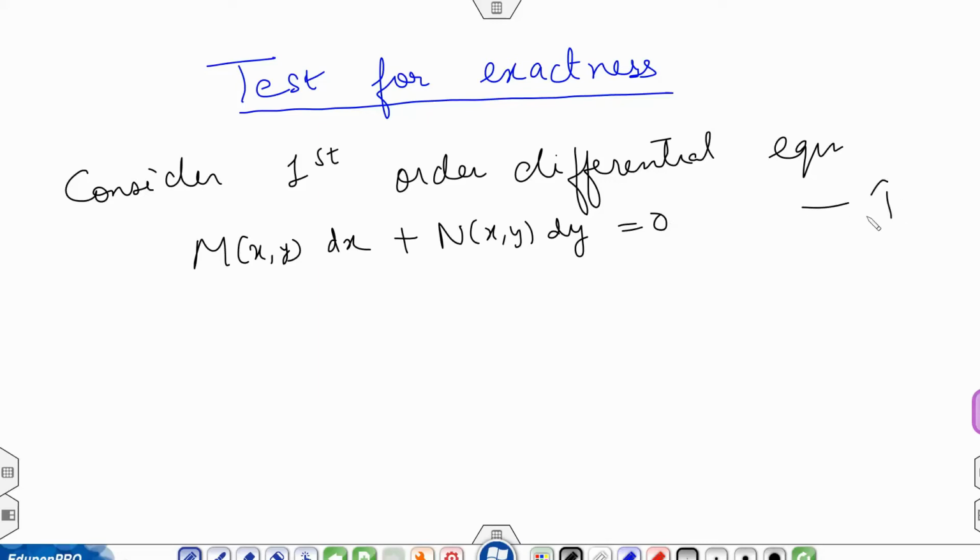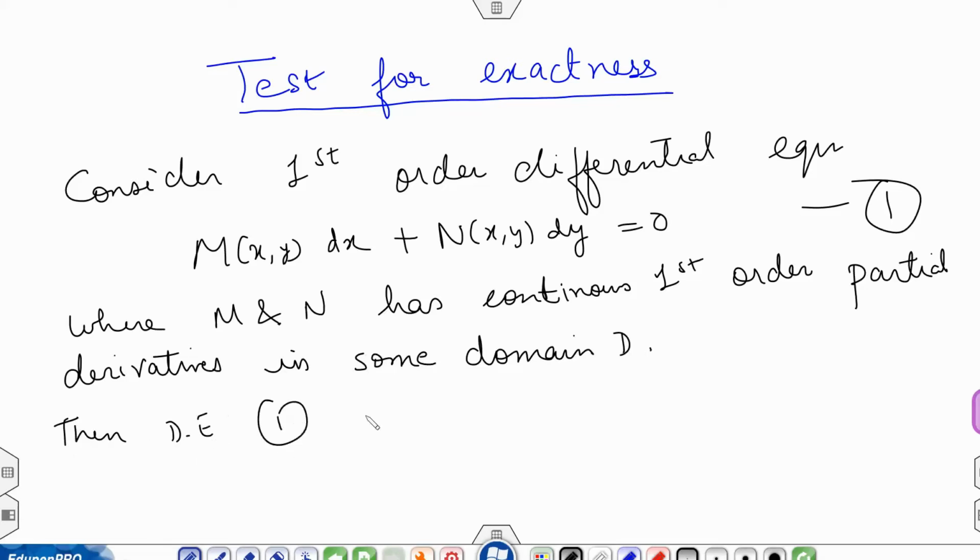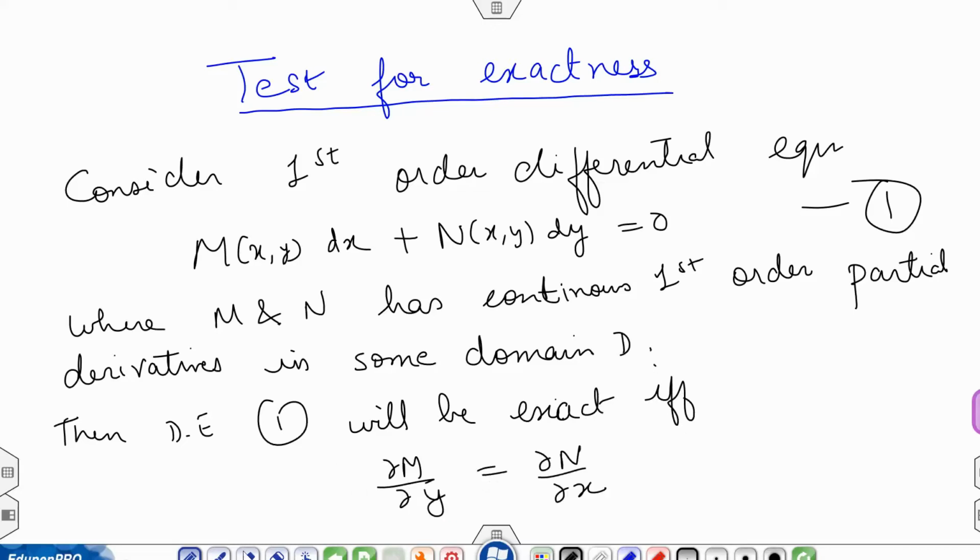Where M and N have continuous first order partial derivatives in some domain D, then differential equation 1 will be exact if and only if del M by del y is equal to del N by del x. This is the necessary and sufficient condition for differential equation 1 to be exact.